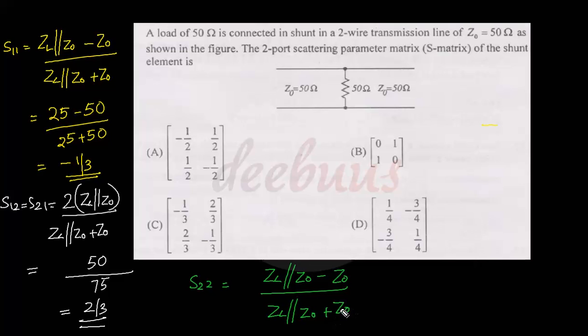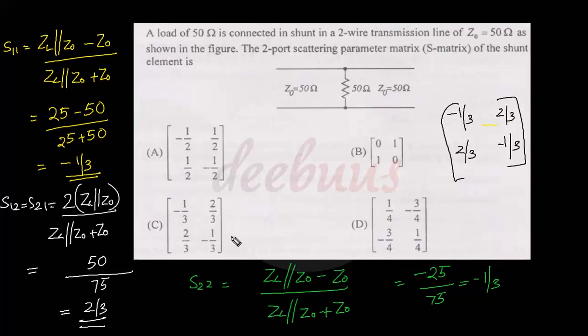Again the same values. ZL parallel Z0 is 25, 25 minus 50 is minus 25, the denominator is again 75, that is minus 1 by 3. So the answer turns out to be minus 1 by 3, 2 by 3, 2 by 3, and minus 1 by 3. So option C.